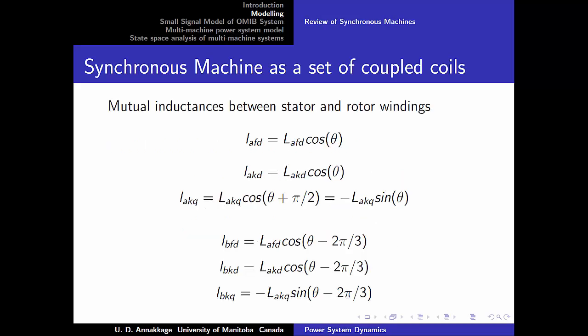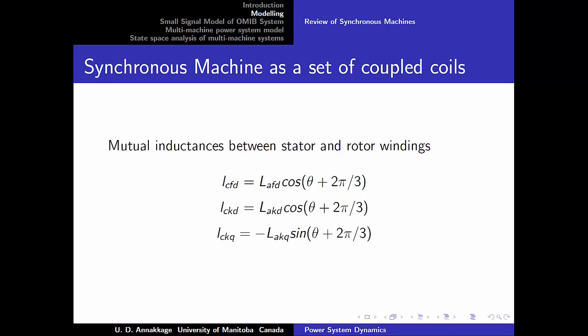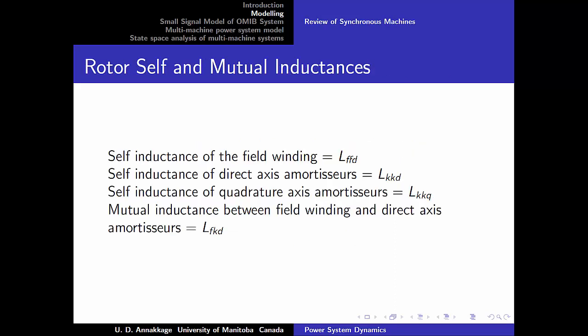Similarly, mutual inductances between the stator winding and the rotor winding change with theta. And finally, the self and mutual inductances of the rotor windings do not depend on theta.